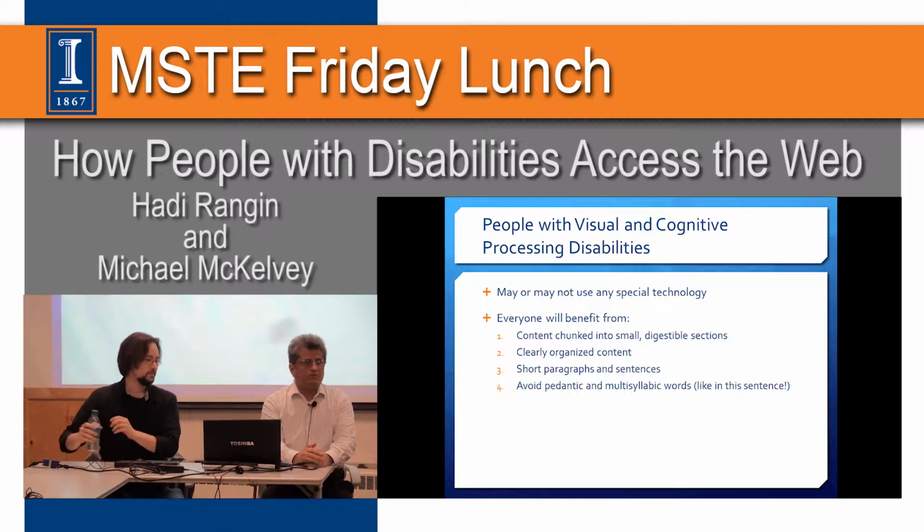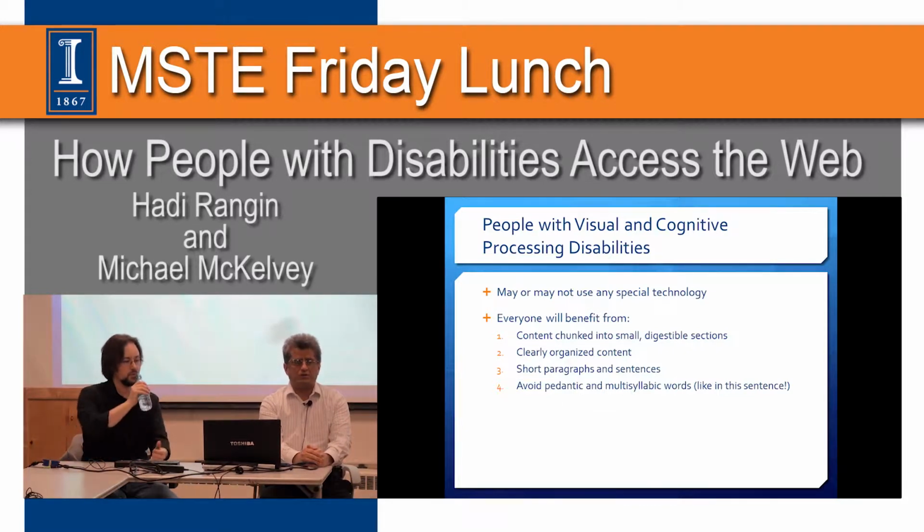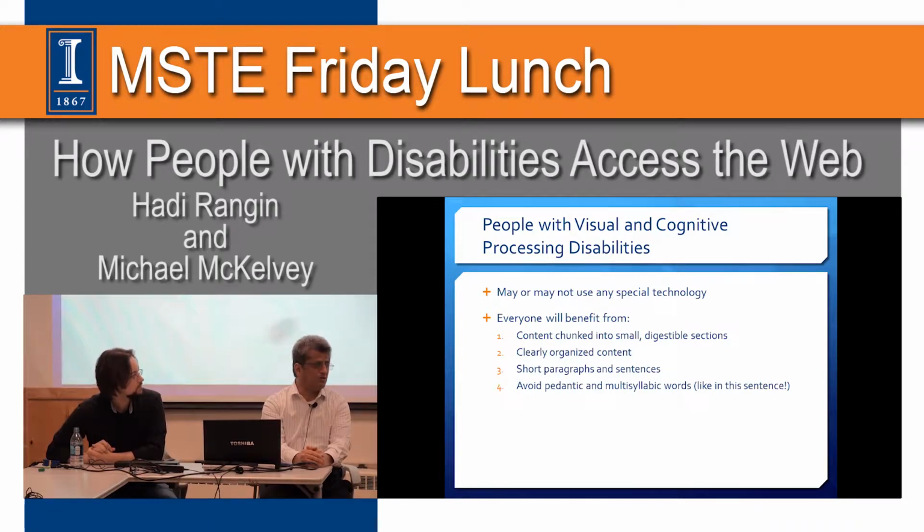Here at the University of Illinois, my data is not up to date, but I think until last year we had over 1,300 students with disability. Believe it or not, but more than, I think, 50 or 60% of the registered students are students with learning disability, which is a kind of cognitive disability.